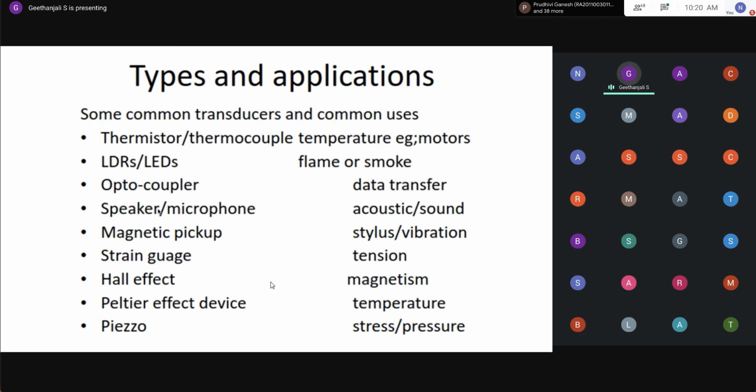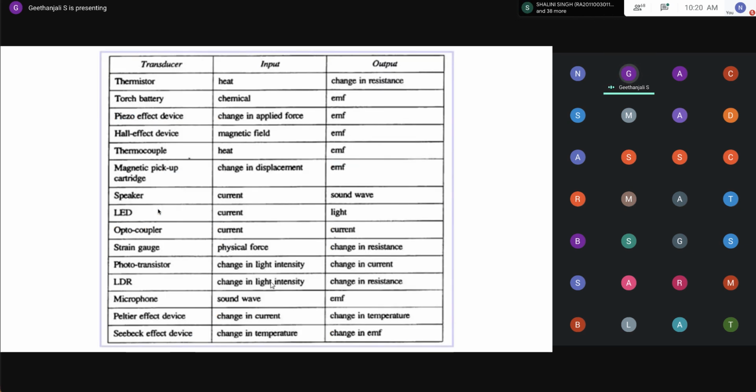These are all the overall applications of the transducers. Let us summarize the transducer types, the types mainly used for many applications, and what the input and the output are for each particular transducer, tabulated here.